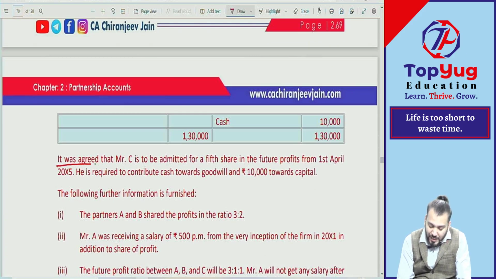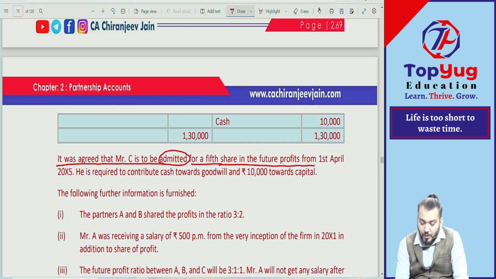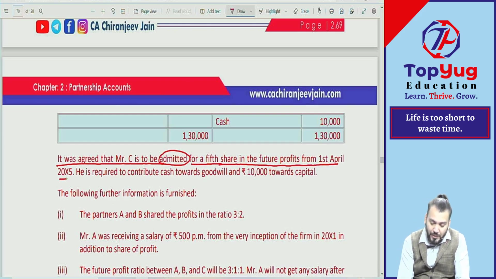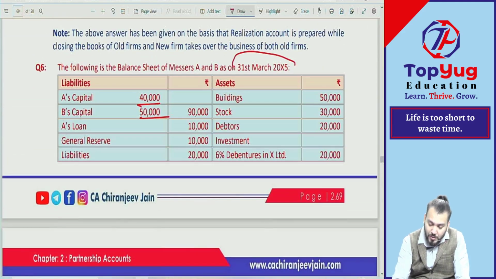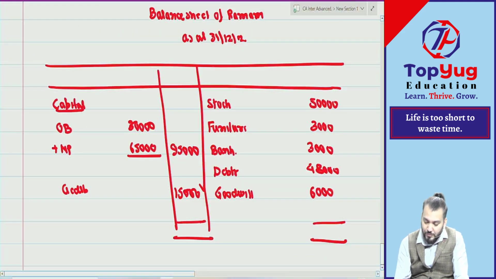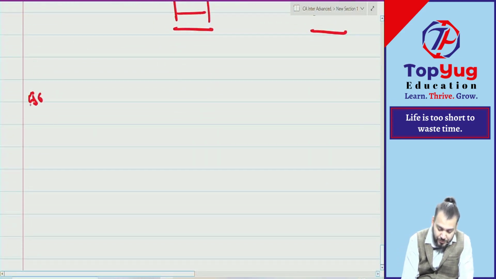It was agreed that Mr. C is to be admitted for a 1/5 share in the future profit from 1st April 2005. From 1st April, so what is the balance sheet date? Means from the beginning only. Correct, now we are doing question number 6.